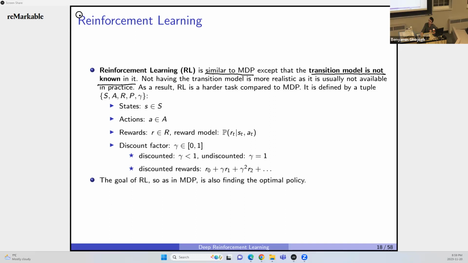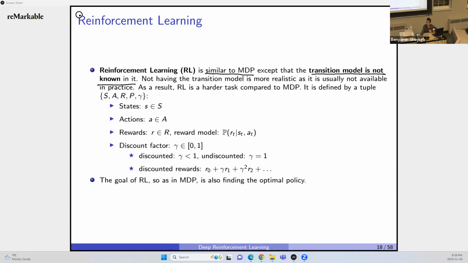As a result, reinforcement learning is more realistic than Markov decision process. Why? Because usually in real world applications, we don't have that transition model. We usually don't have the probability of going from this state to another state given a specific action. Otherwise, we would know what would happen if we do this action.